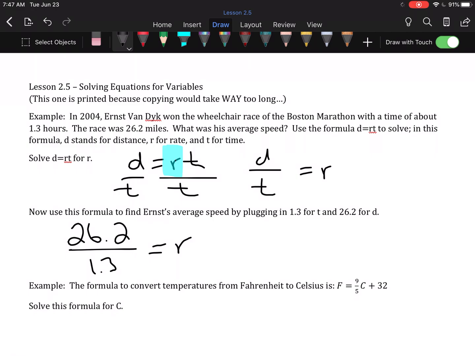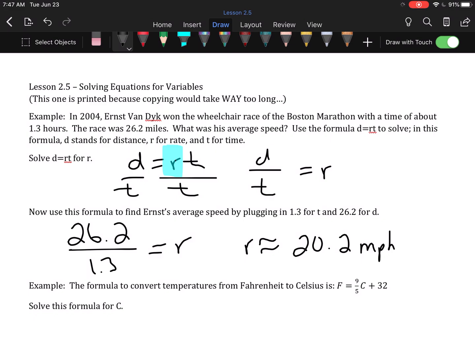And I'm just going to grab a calculator to do this real fast. 26.2 divided by 1.3 is ugly. So r is about 20.2 miles per hour. I am rounding to the nearest tenth because this is an ugly decimal that might be repeating. I'm not sure. So we're just going to round it to one place. That's fine.